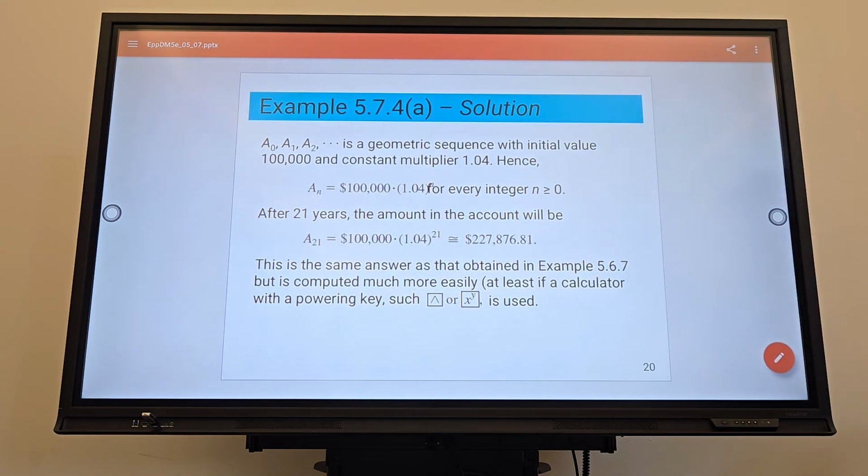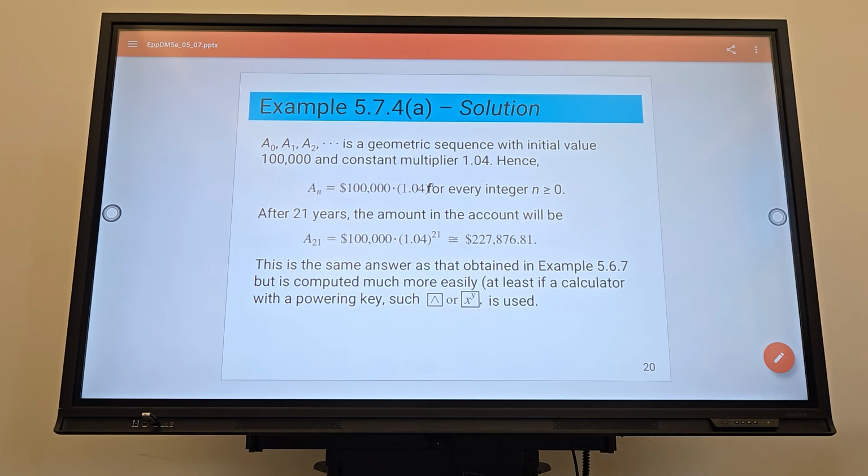Well, A sub 1, sub 2, sub 3, etc. is a geometric sequence with the initial value of 100,000 and a constant multiplier of 1.04. Hence, A sub n equals 100,000 times 1.04 to the nth power for every integer greater than or equal to 0.